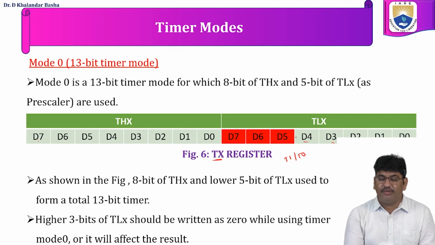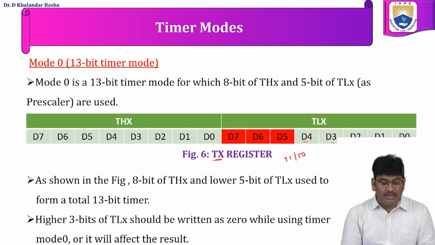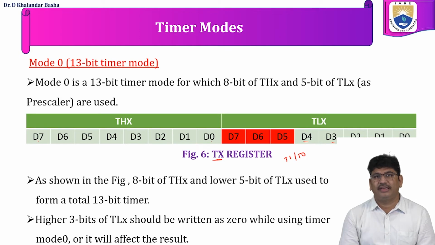The upper 3 bits are not configured, that means they will be written as 0. So as shown in the figure, 8 bits of THX and the lower 5 bits of TLX form a total 13-bit timer. The higher 3 bits of TLX should be written as 0 while using timer mode 0, or it will affect the result.